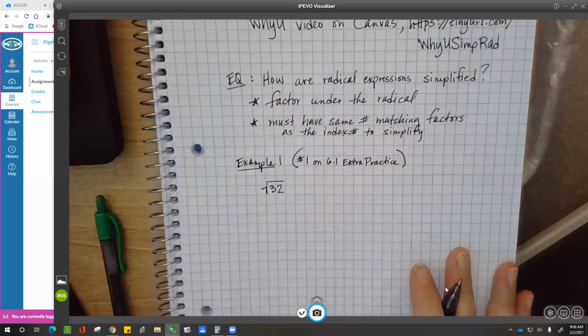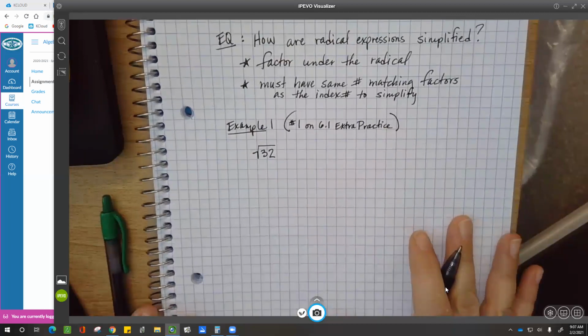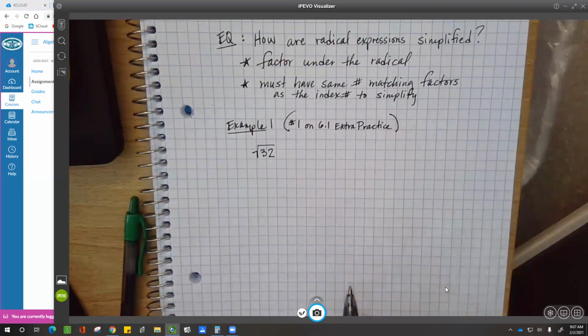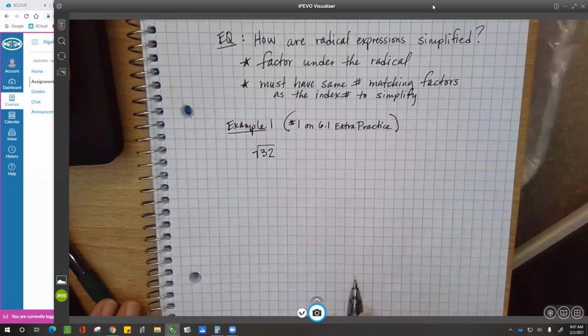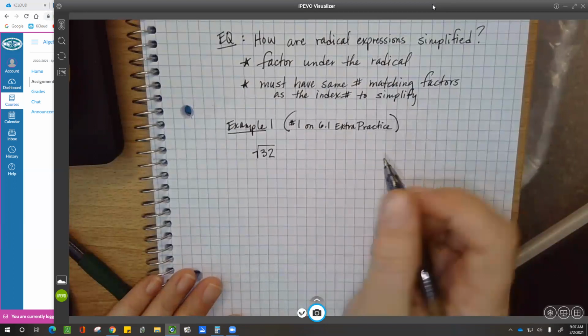This is not completely new stuff, but I didn't explain it before, and so I want to make sure that I tell you before I hold you responsible for it. And also, I'm not sure how great you were at it when you did it in Algebra 1, so we're doing it again. Okay, square root of 32.